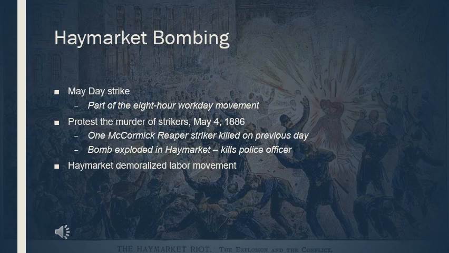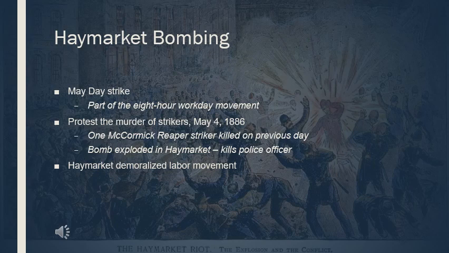All 8 were tried and sentenced to death. And 4 were actually executed. Now, the trial in itself was considered a little bit controversial because they didn't necessarily have any evidence that they presented in court, but they were still found guilty.